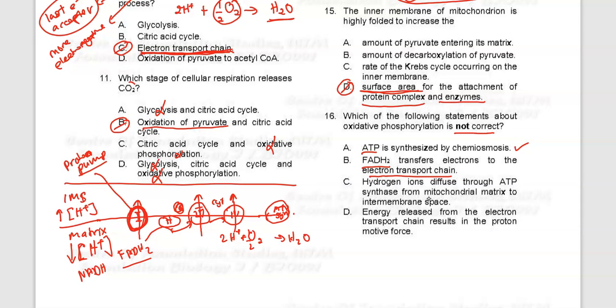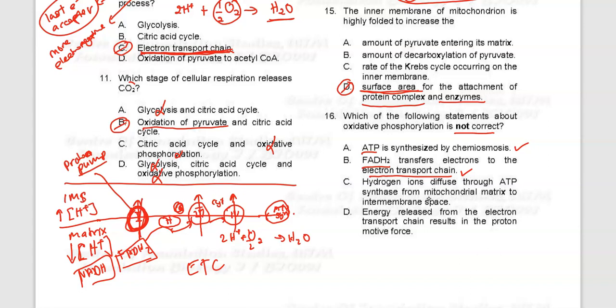So that explains the electron transport chain and the function of FADH2 and NADH molecules. So statement B is correct: FADH2 transfers electrons to the electron transport chain to release energy so that the complexes can pump hydrogen ion from the matrix into the intermembrane space.